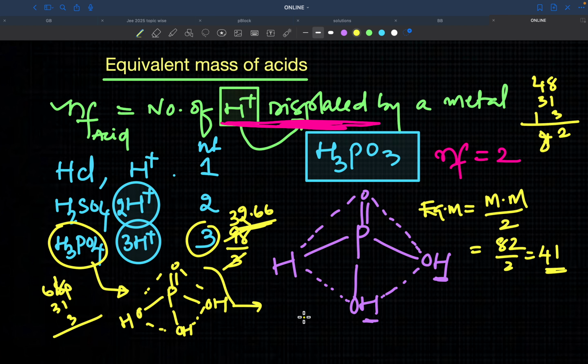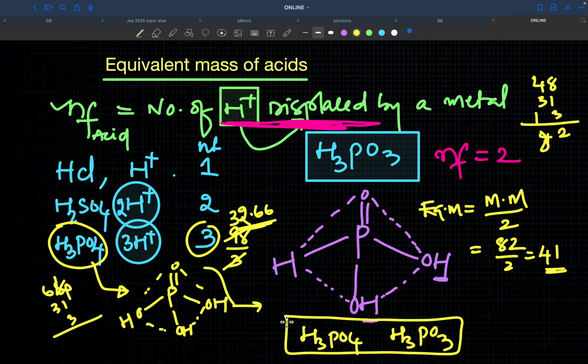The question can be asked in any way. For H3PO3 and H3PO4, which one has the highest equivalent mass, or the lowest equivalent mass? This type of question is asked, but the concept is that H3PO3 has only 2 displaceable hydrogens, so its equivalent mass is 41, whereas H3PO4 has 1 oxygen extra compared to this, due to which its n factor becomes 3.